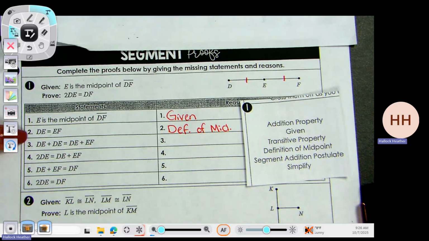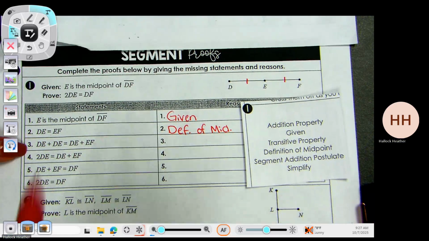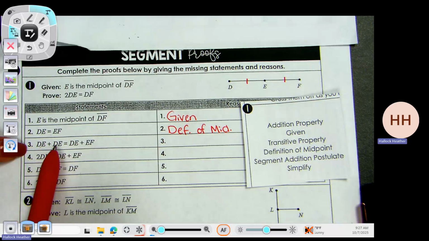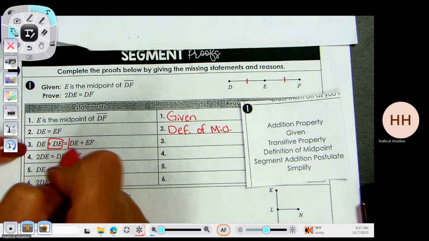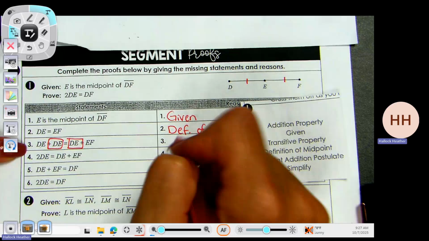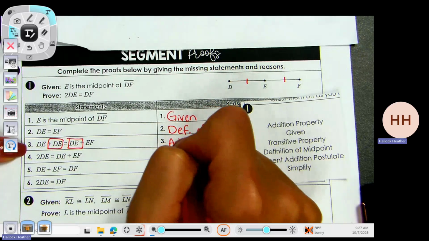From step 2 to step 3, it says DE plus CE equals DE plus EF. Notice that what changed from here to here is they're adding this piece on both sides. So that's addition property, because they're adding the same thing to both sides.